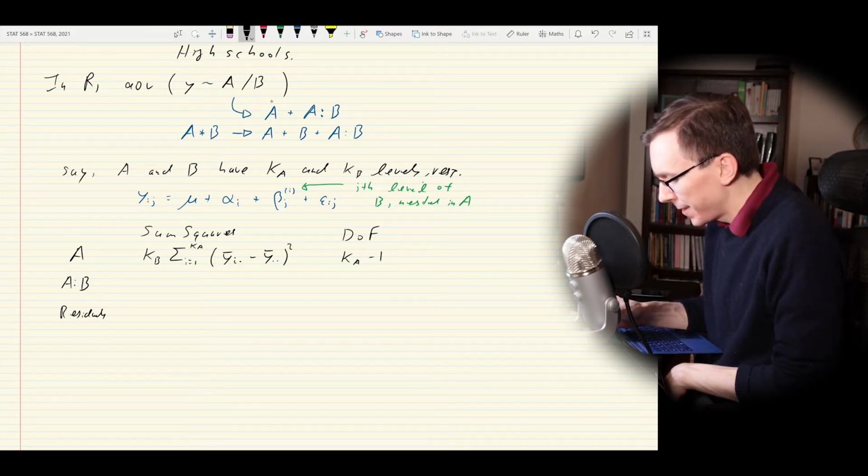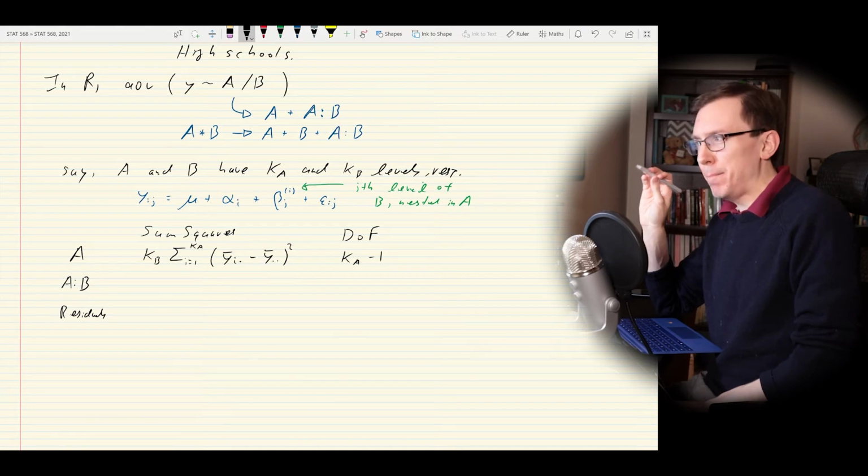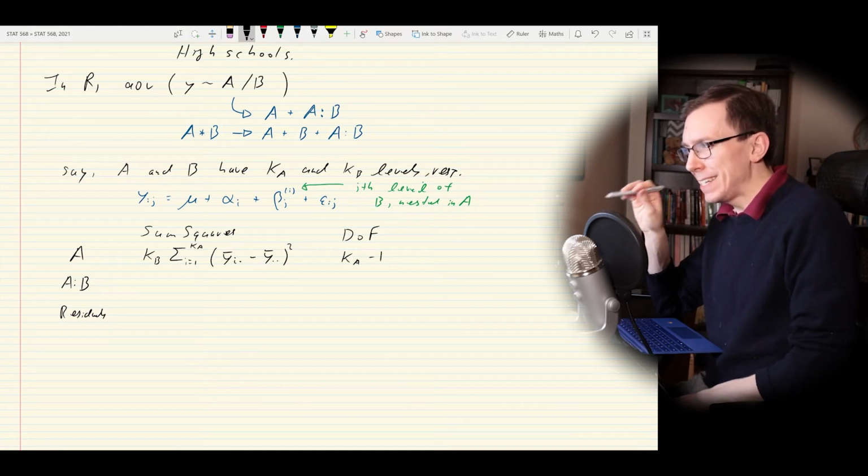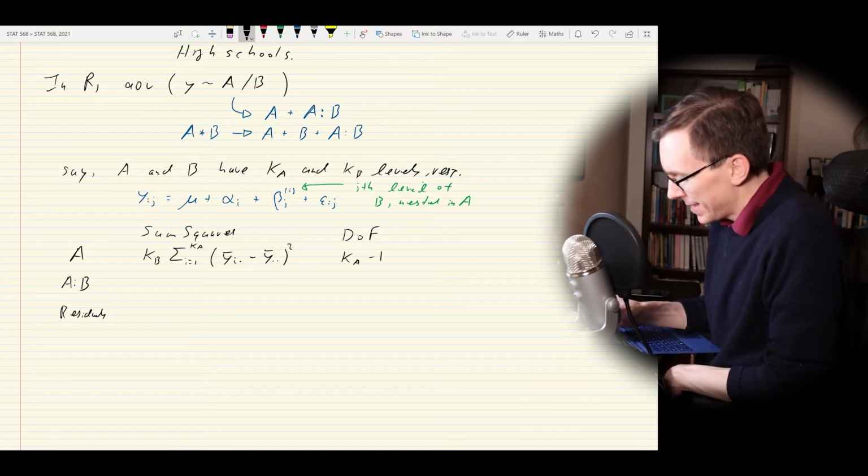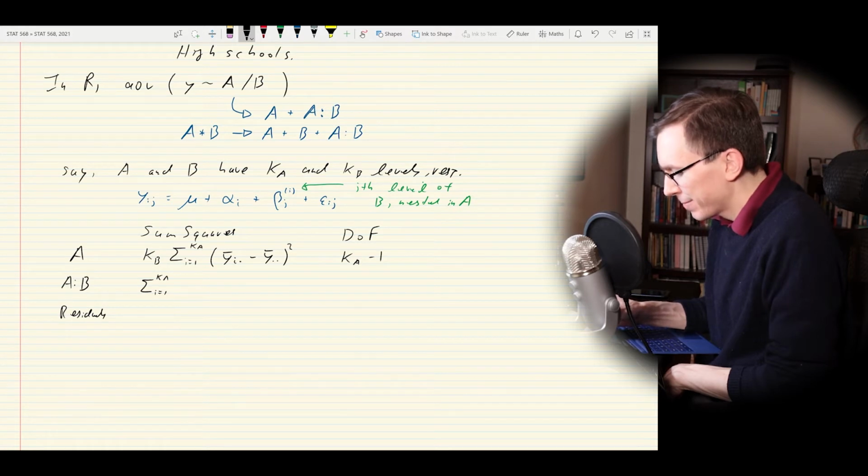But the sum of squares for this AB is going to be a little bit different. So in this case, we're going to be doing the double sum, i from 1 to Ka, and j from 1 to Kb.